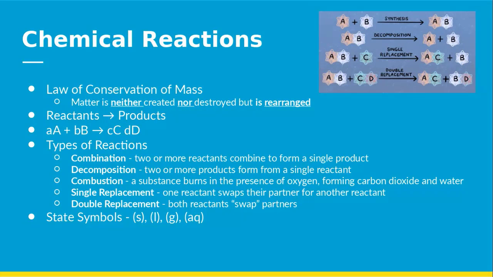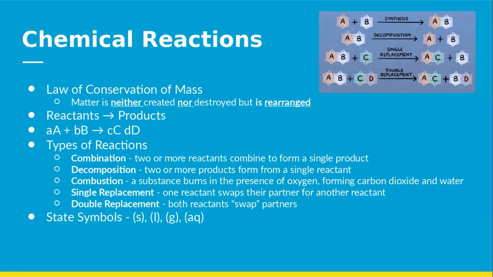There are about 5 types of main reactions you want to consider. There's a combination reaction, wherein 2 or more reactants combine to form a singular product, just one product. And then a decomposition, which is the opposite of that. That is when you have a single reactant which breaks down into multiple constituent products.